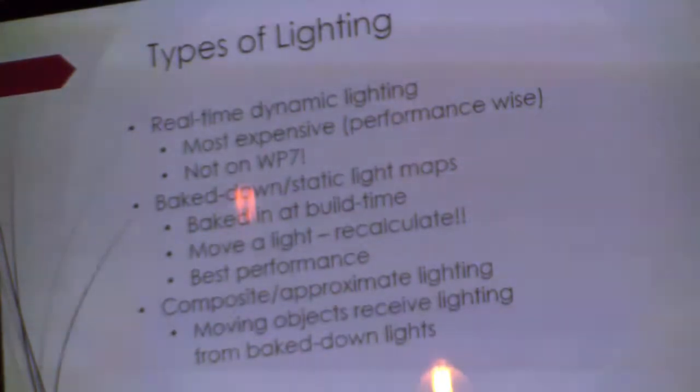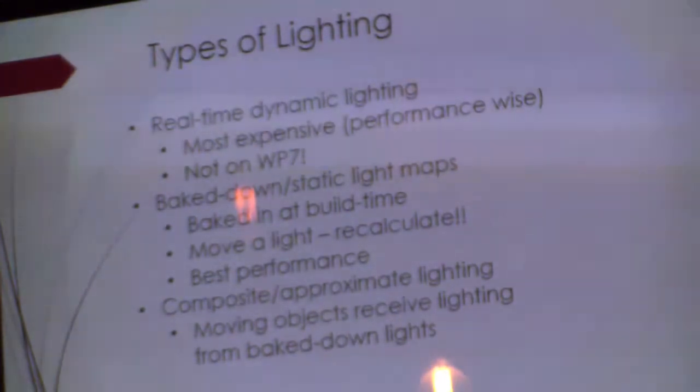So that's obviously the most impressive looking visually, the real-time dynamic light. But if you're seeking optimal performance, you're going to really be needing to break down your lighting, which means pre-generating the lighting within the game while you're building.